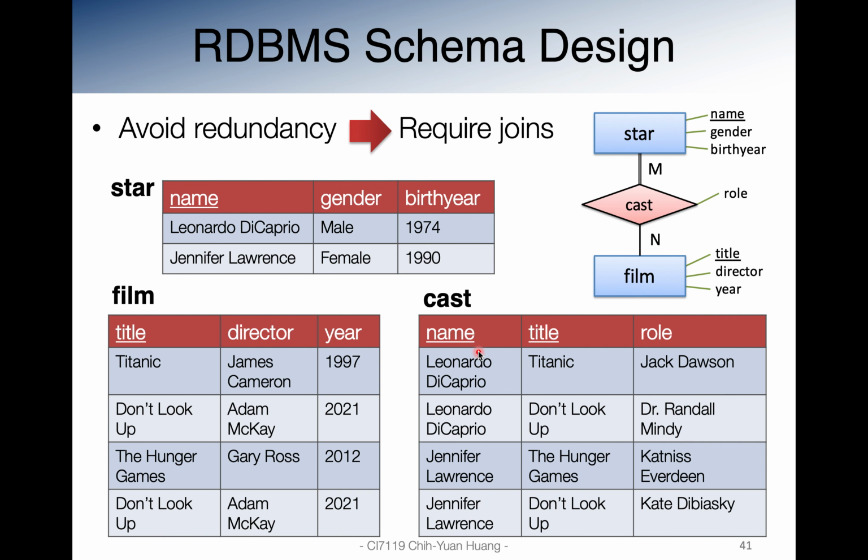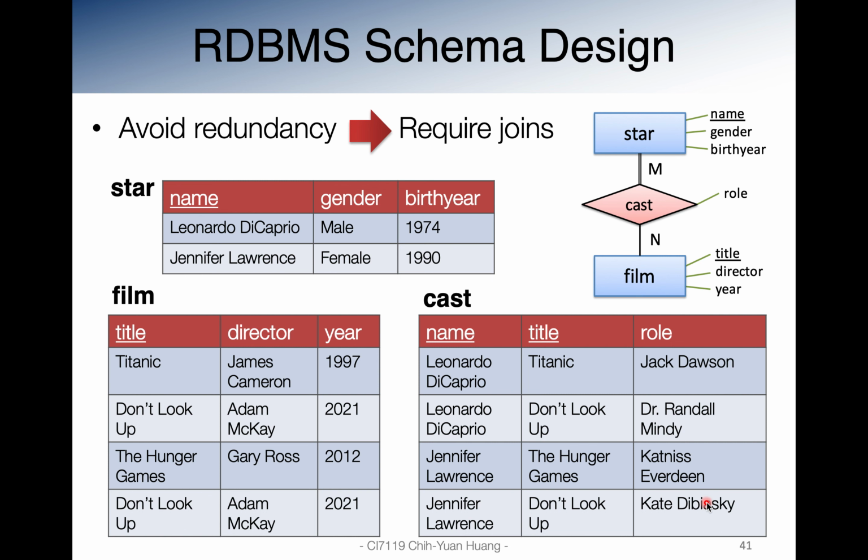It has the name of the star, the title of the film, and the role that they played in this film. We have Leonardo DiCaprio linking to Titanic, playing the role Jack Dawson, and Leonardo DiCaprio played in Don't Look Up as Dr. Randall Mindy, and Jennifer Lawrence for the Hunger Games, and Jennifer Lawrence for Don't Look Up, for different roles over here.